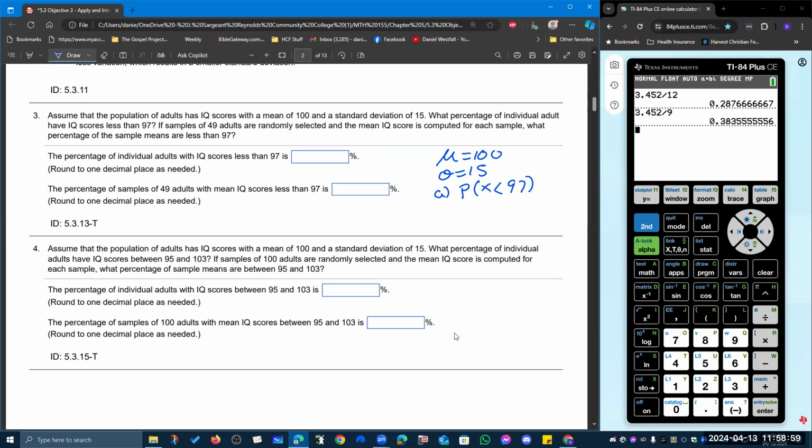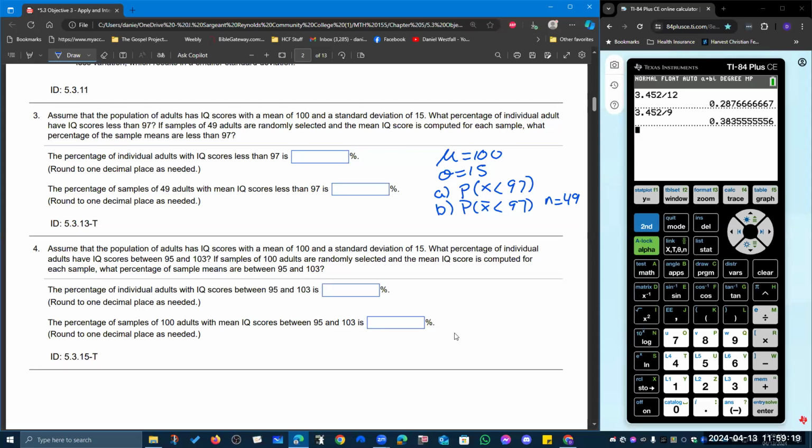And then part B asks the probability that X bar is less than 97. And we need to know here that n is equal to 49 for part B.